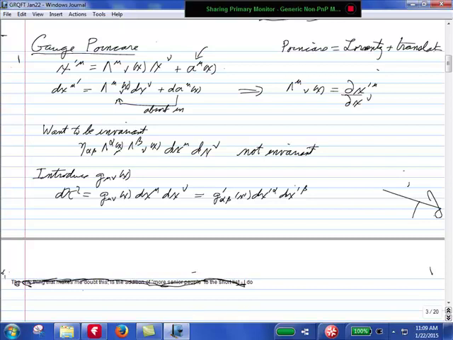To cancel off the extra piece, you need now a new term, which is lambda eta alpha d rho lambda alpha sigma. Okay, so the half page of algebra was designed for this.